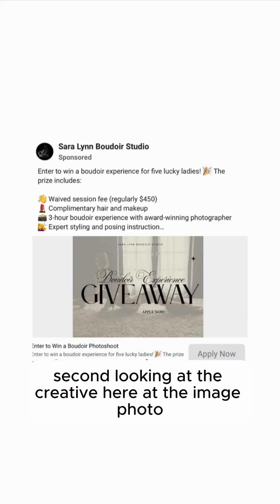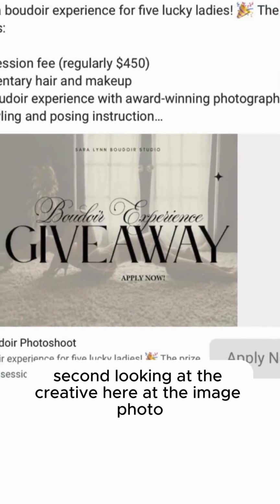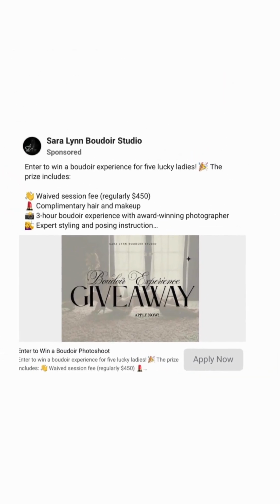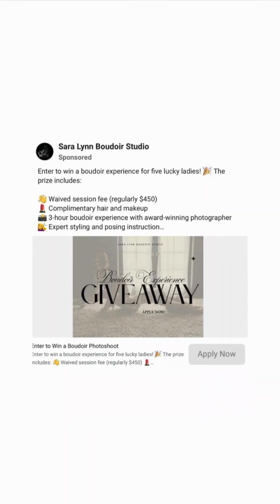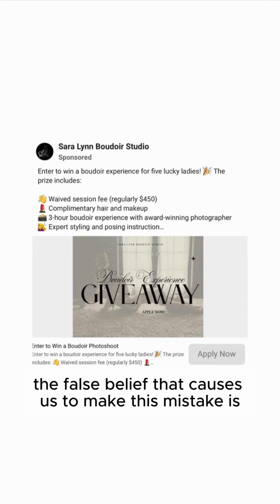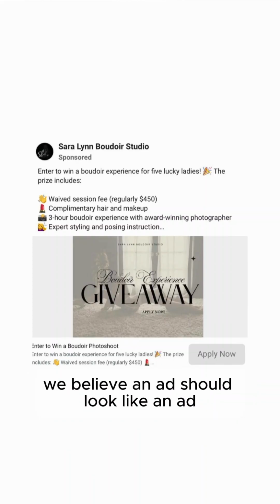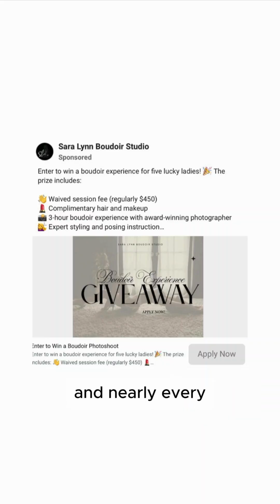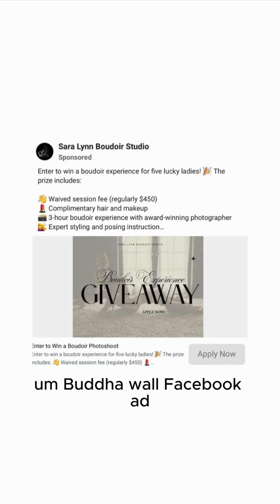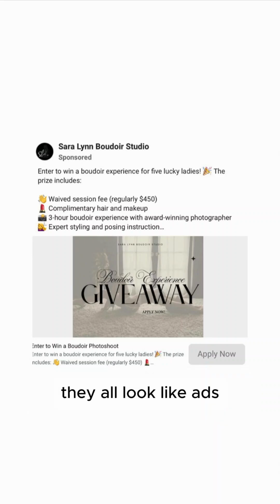All right, second, looking at the creative here, looking at the image photo. So we've got what looks like an ad mistake. The false belief that caused us to make this mistake is we believe an ad should look like an ad, because that's how we've seen most ads on Facebook and nearly every Boudoir Facebook ad. They all look like ads.